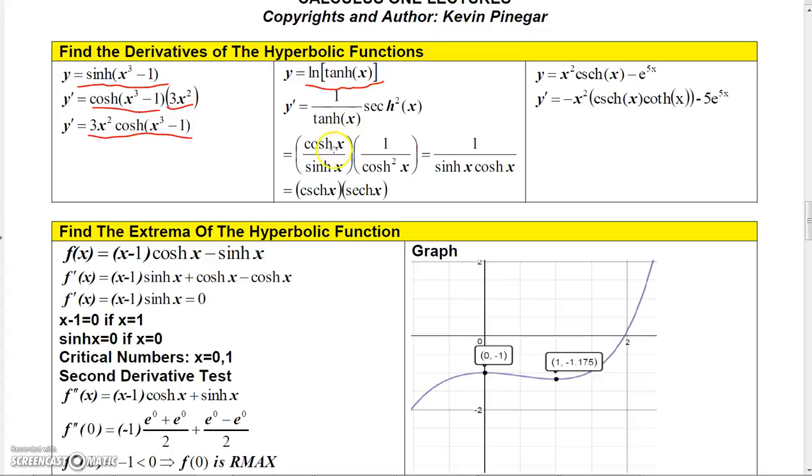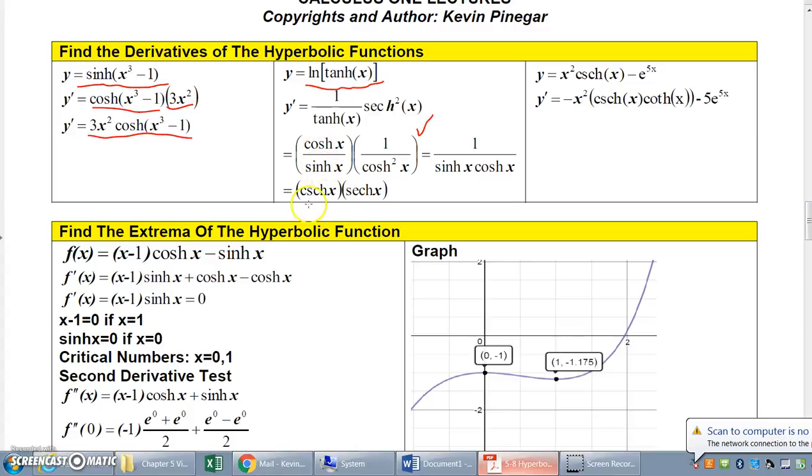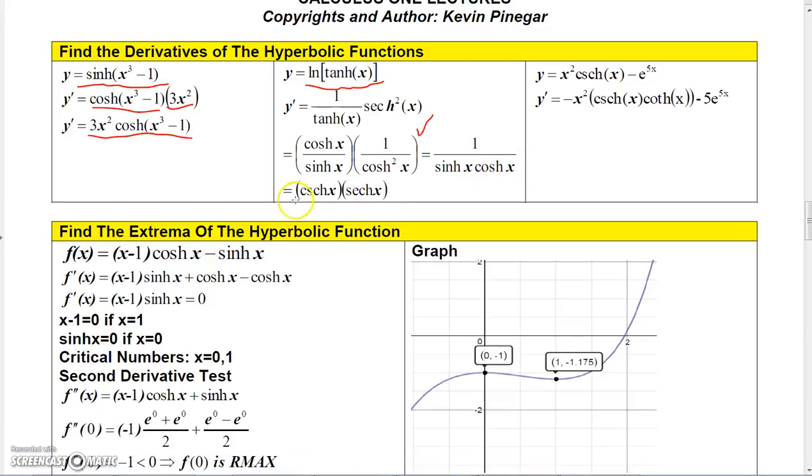Then you can do a little bit of dancing with some of the identities, and you can actually write this as 1 over hyperbolic sine x, hyperbolic cosine x, which is the same as hyperbolic cosecant x times hyperbolic secant x.